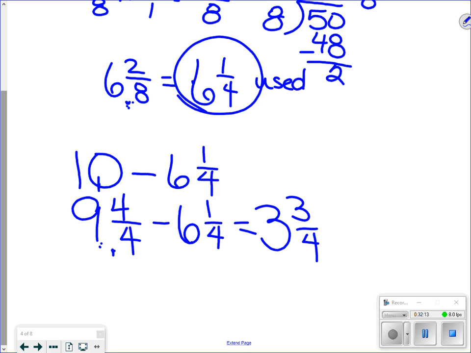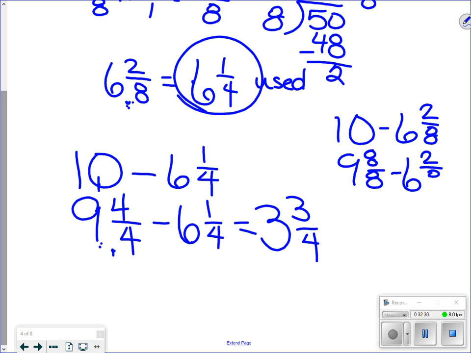Now, if you had the 6 2/8, it's the same thing. 10 minus 6 2/8. I cannot take away 2/8 of the pizza when I haven't sliced up my pizza. 9 8/8 minus 6 2/8. 9 minus 6 is 3. 8 minus 2 is 6.